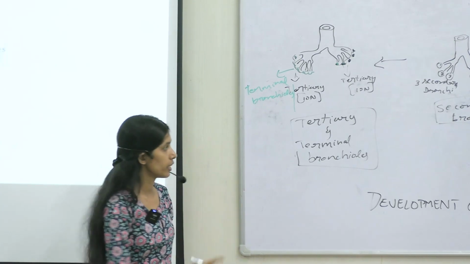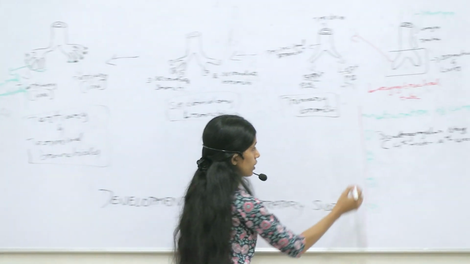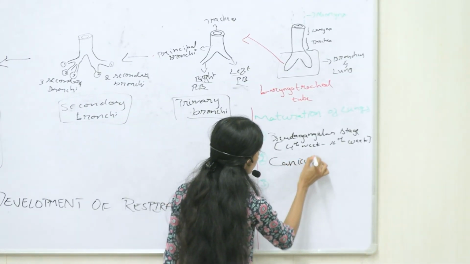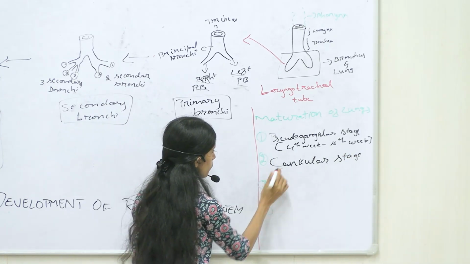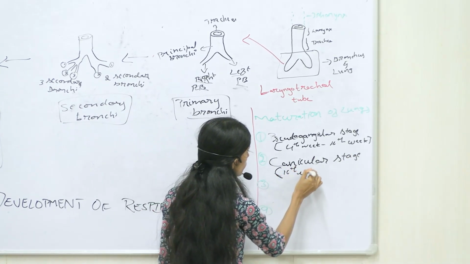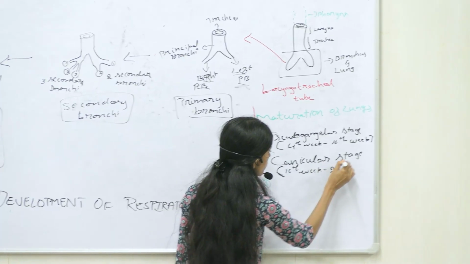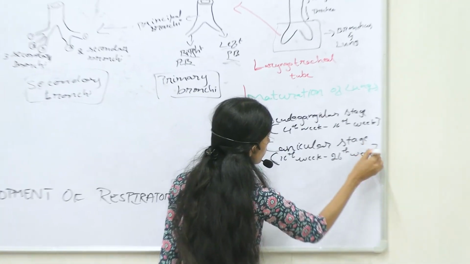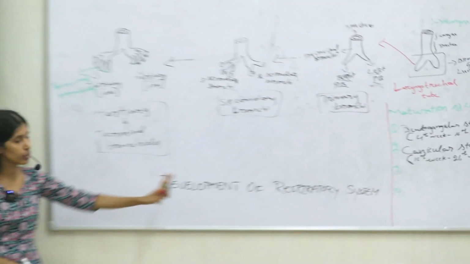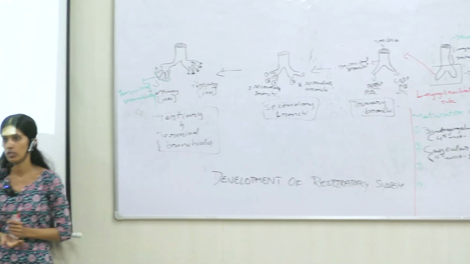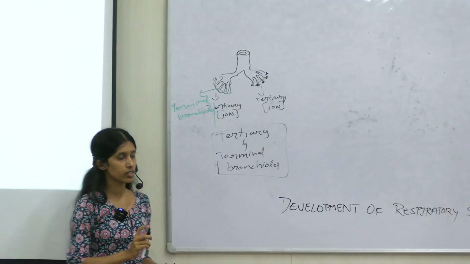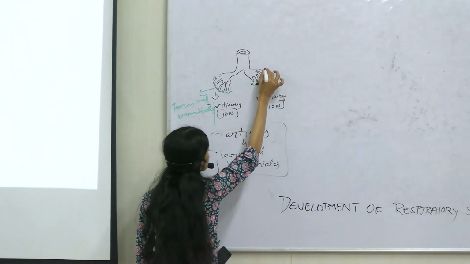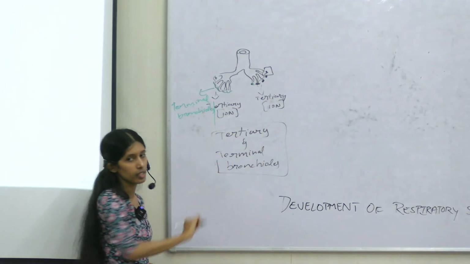Okay. The next stage is called canalicular stage. This stage takes place from 16th week to 26th week. Any doubts in the first stage? First stage, we just have to concentrate on this terminal bronchi.